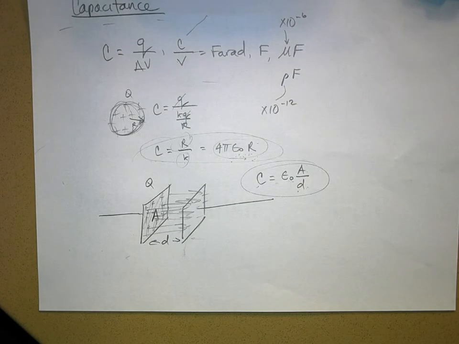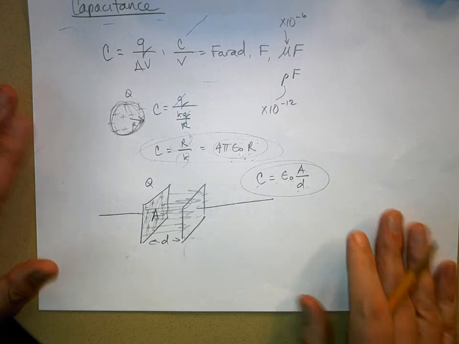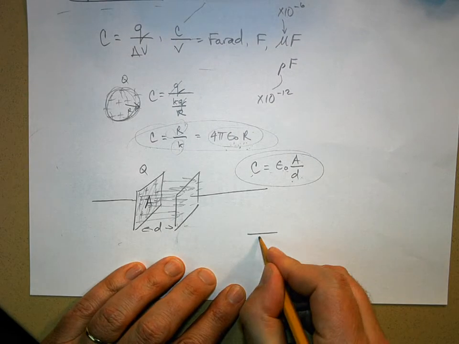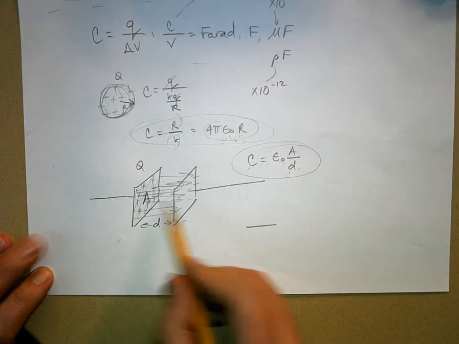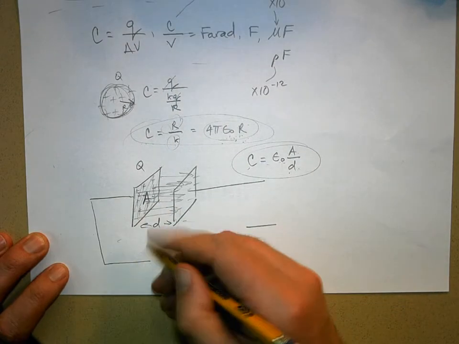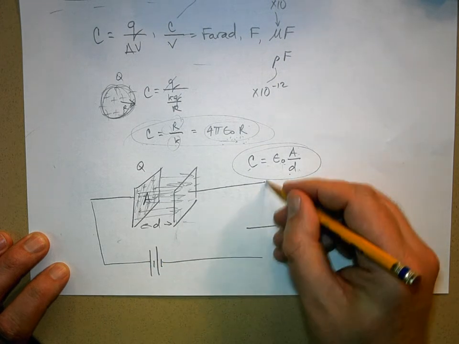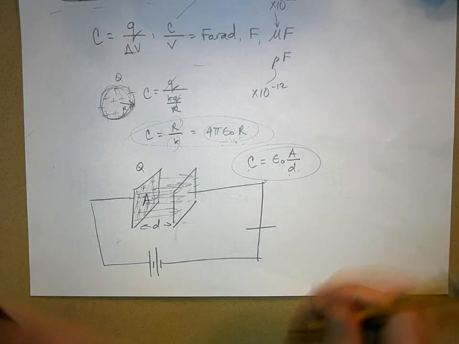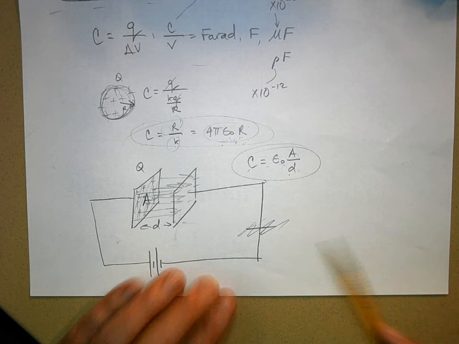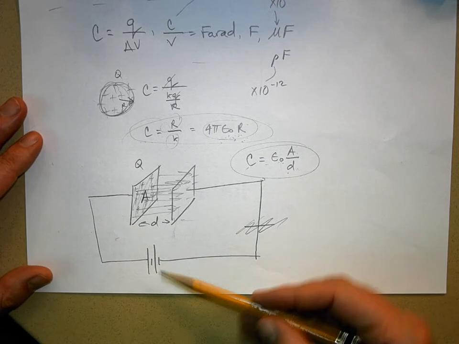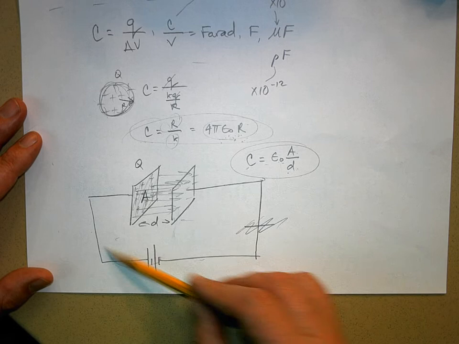So you had problems dealing with capacitors like that. Then we came up with some symbols. We need some way of putting charge on here, and what we do is we hook it up to a battery of cells. The battery just boosts the voltage up and puts it in there.